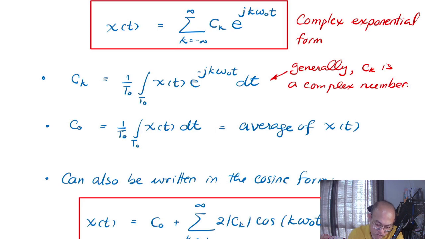If x(t) is an even function, ck will be a real number.